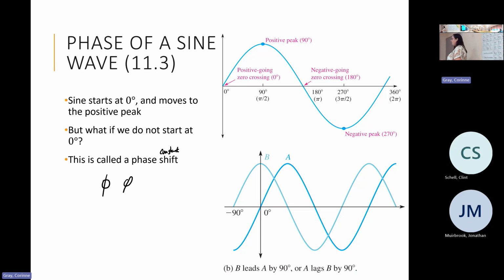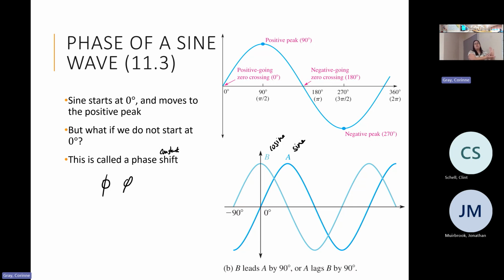There are two different ways we can explain the relationship between the sine and the cosine graphs. Again, B here is cosine and A is sine. If we're thinking about our unit circle, it starts at 0 degrees or 0 radians. That is where cosine has its maximum value.